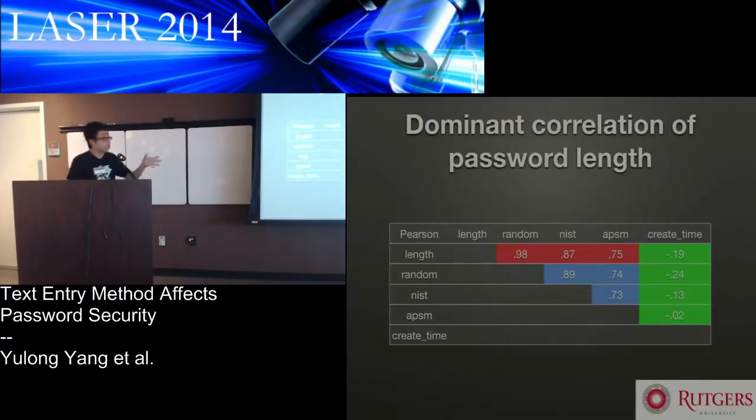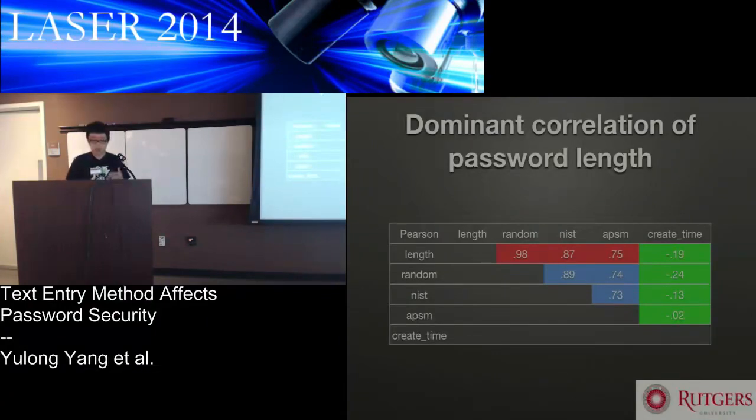Although this is by no means a comprehensive analysis of the accuracy of the security metrics we used, it did point out that password length played a primary role in defining the security when we used the password security metrics here.